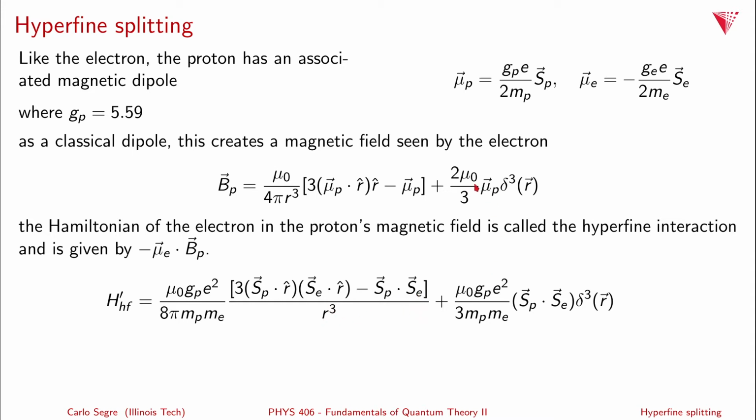And then the second term coming from this term here is mu sub 0 g sub p e squared over 3 m sub p m sub e, and then you have S sub p dotted into S sub e times the delta function for 3 dimensions.